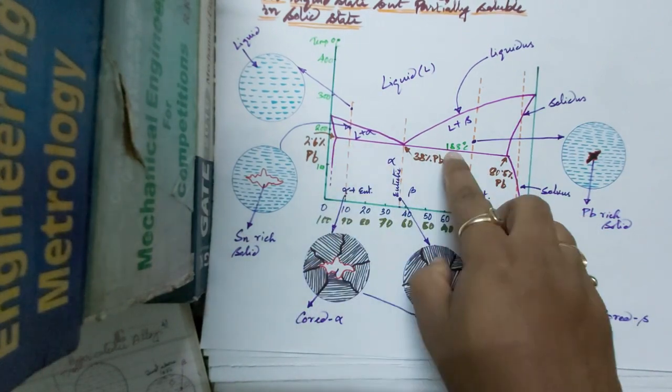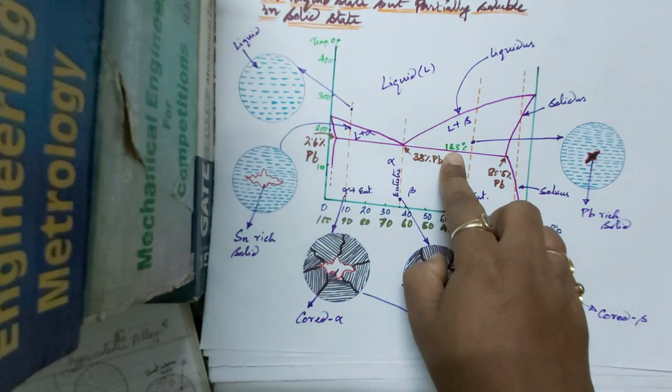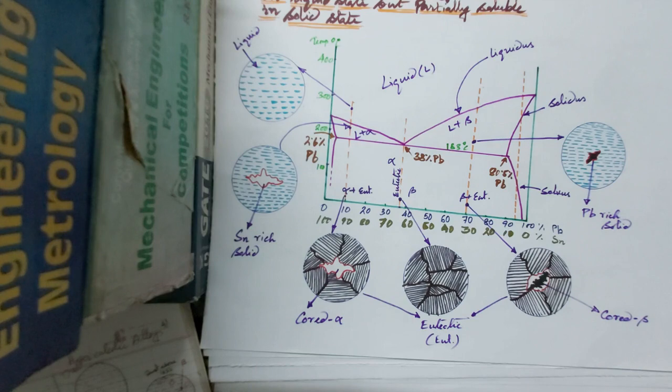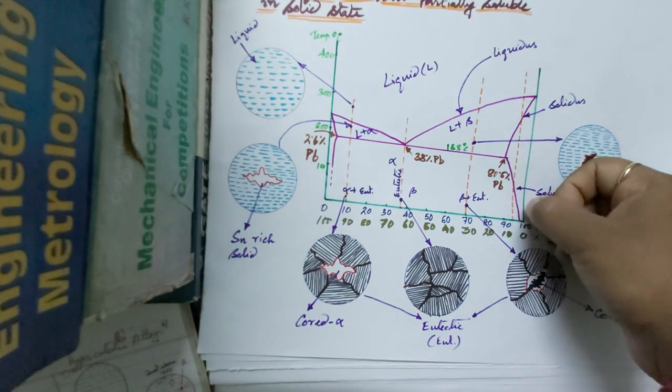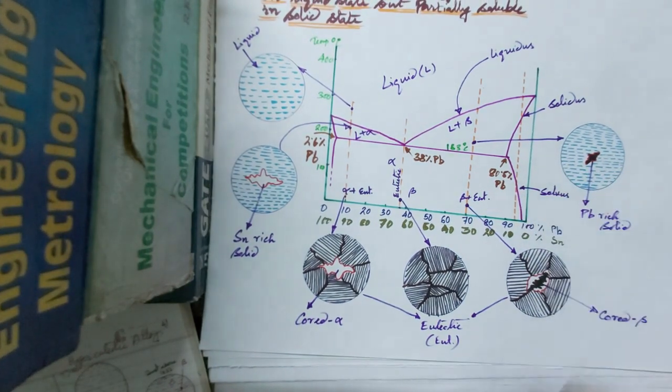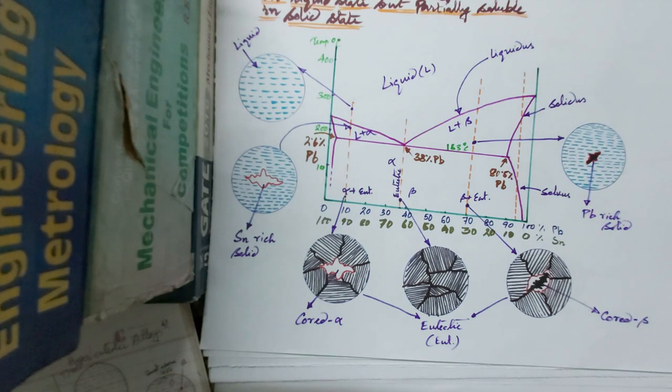This is the eutectic temperature, which is 183 degrees C. And lead will dissolve up to a maximum of 19.5% tin at eutectic temperature, giving the solid solution beta, or beta phase.